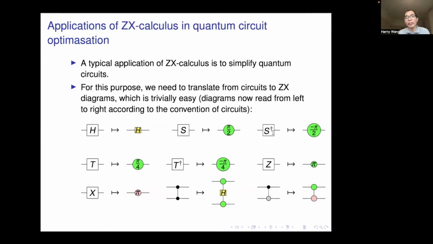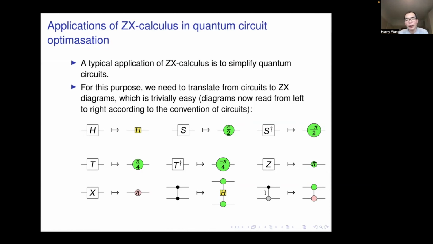The S dagger, the inverse of the S gate, is minus pi/2. Similarly, the T gate is pi/4, and the T dagger gate is minus pi/4. The Pauli Z gate is just the green pi with one input, one output. The NOT gate X is just a red pi with one input, one output. And the controlled Z is just two greens with a Hadamard in the middle connected.